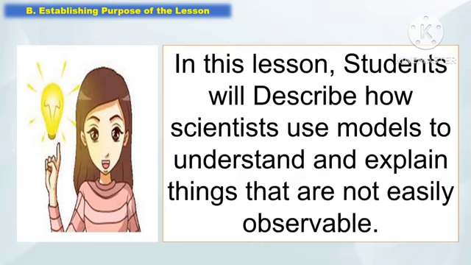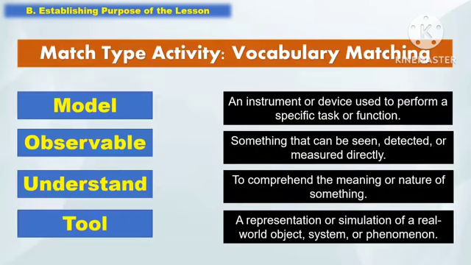After the teacher elicits responses from the students, she or he will explain to students that in this lesson, the students will describe how scientists use models to understand and explain things that are not easily observable. The teacher also will emphasize that models are important tools that help scientists make sense of the world around us.